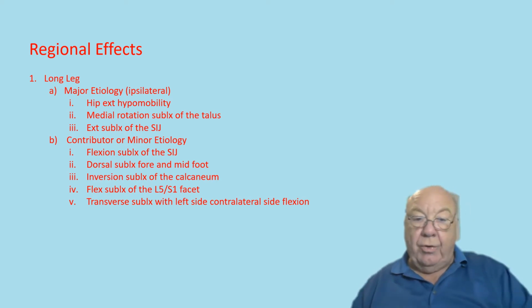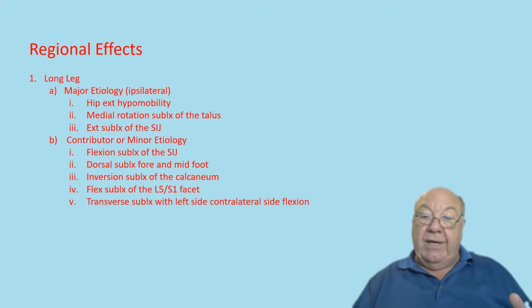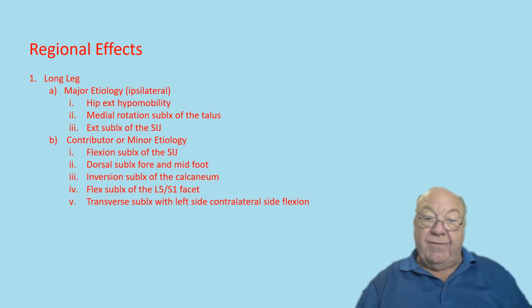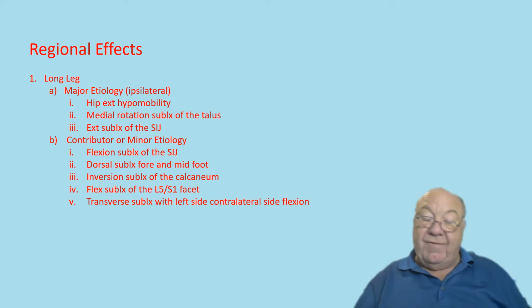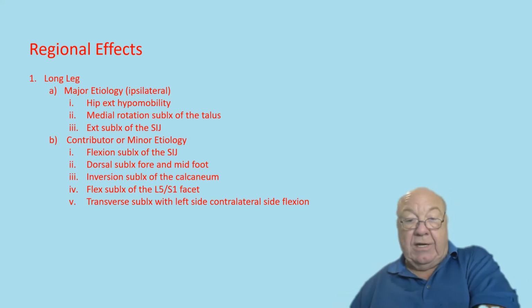These include flexion subluxation of the SI joint, dorsal subluxations of the fore and midfoot, inversion subluxation of the calcaneus, flexion subluxation of the L5 S1 facet, and transverse subluxations of L5 S1, where the side flexion that goes with the transverse subluxation doesn't allow it to extend on the ipsilateral side.